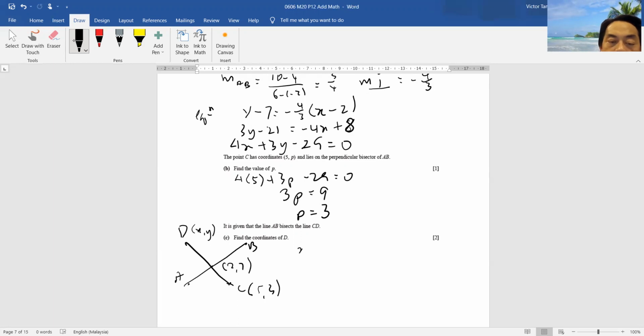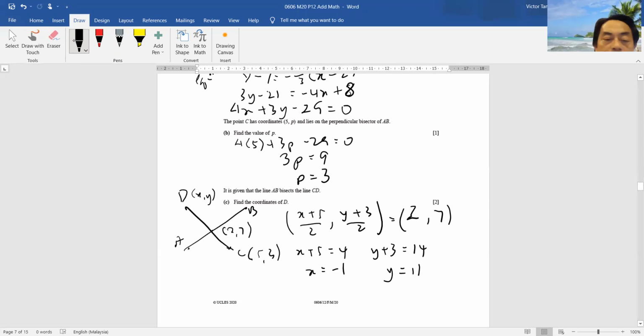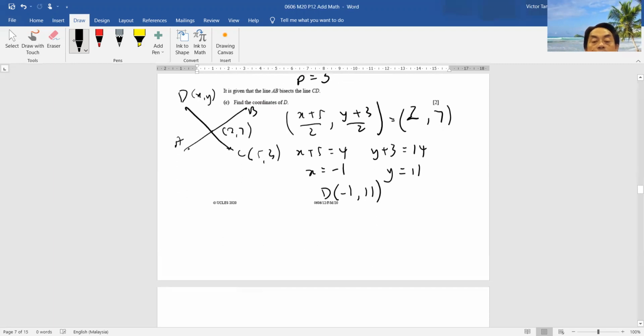So the midpoint is x plus 5 over 2, y plus 3 over 2, which equals 2, 7. So x plus 5 equals 4, x equals minus 1. y plus 3 equals 14, y equals 11. And you have the coordinates of D, minus 1, 11. Okay. I believe we have finished this question.